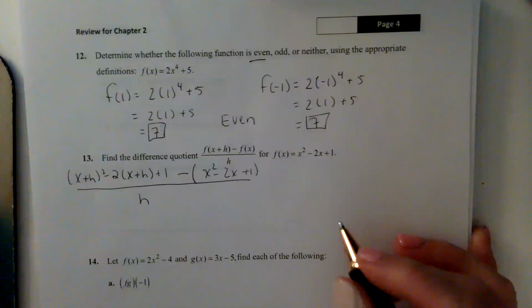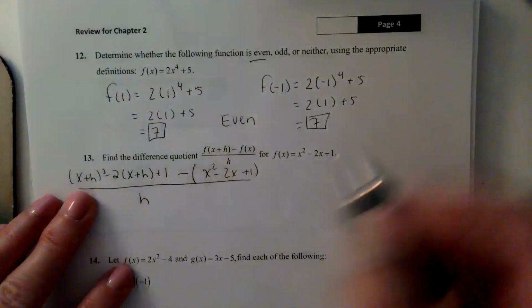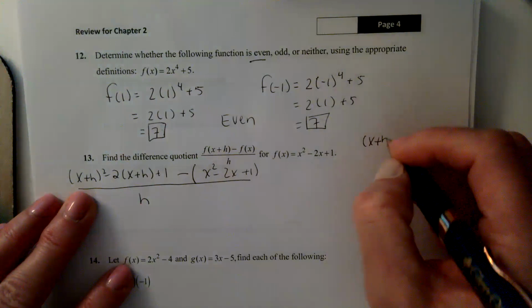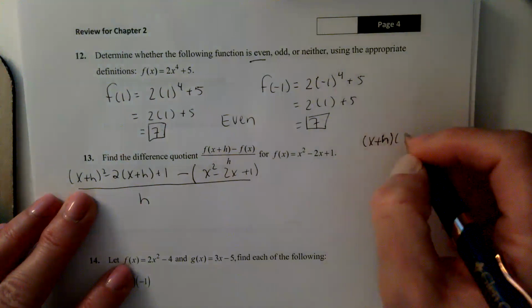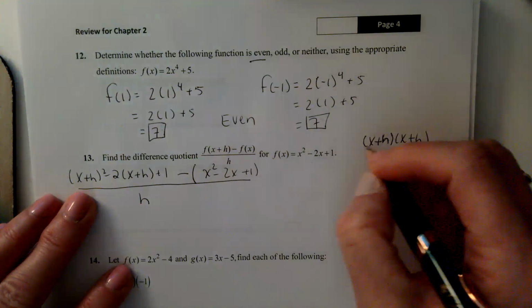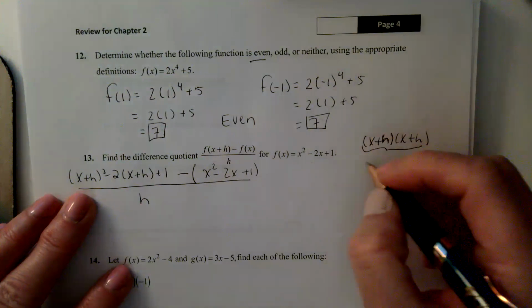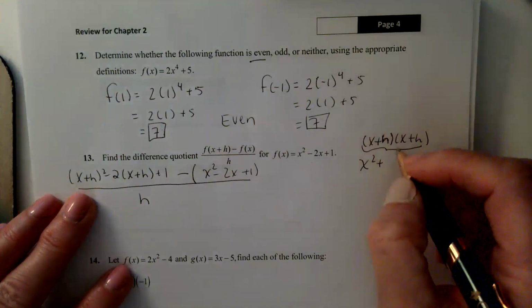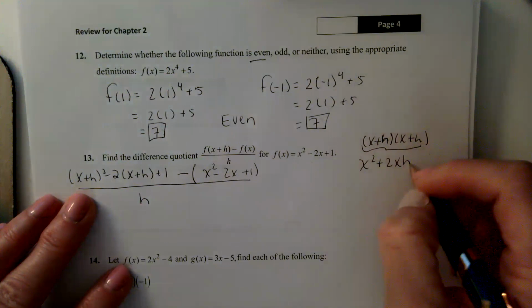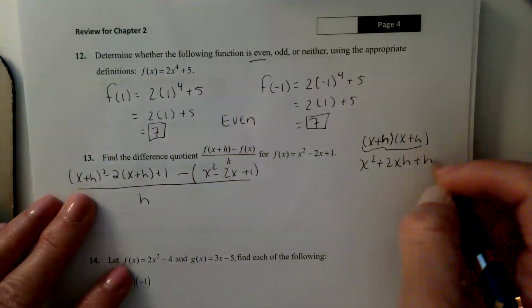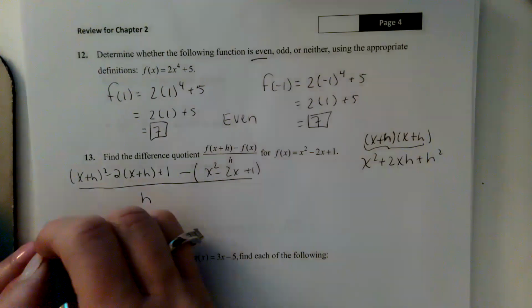So the main thing I really need to do is go out to the side and do this x plus h times x plus h. And that's going to be x squared plus 2xh when I simplify plus h squared. So I'm going to substitute that in.